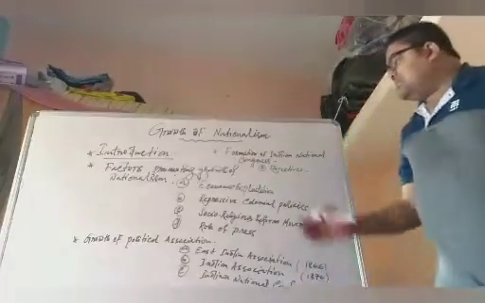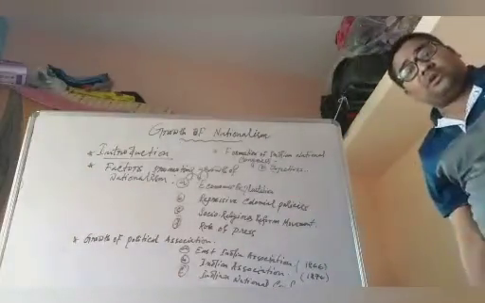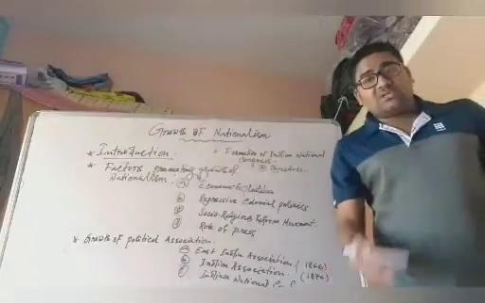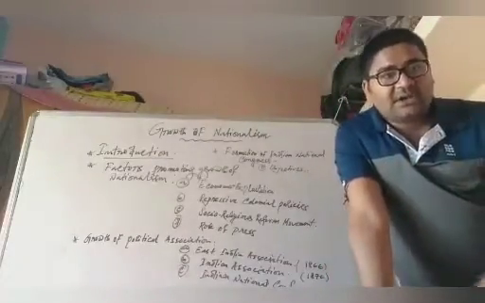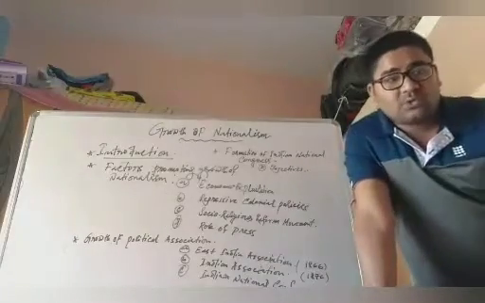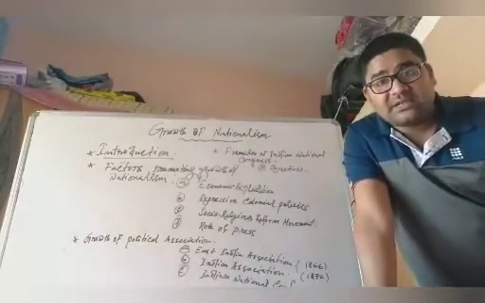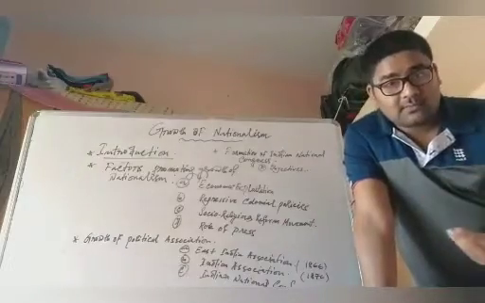Before the formation of the Indian National Congress, many associations came up. The first association was established in 1838, known as the Landlord Society, in Kolkata.